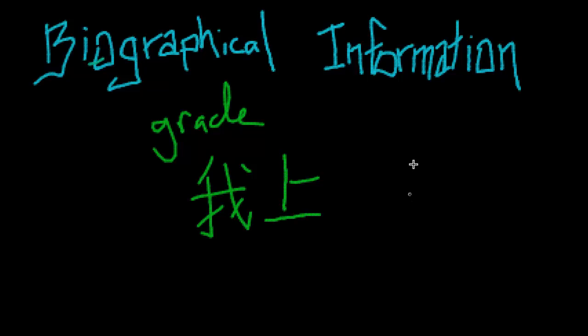Shang means to be enrolled in. Now, just like we learned in class, every grade level is a little bit different when we split it up by elementary school, middle school, and high school. So you guys are in middle school, so we're going to say 我上初.